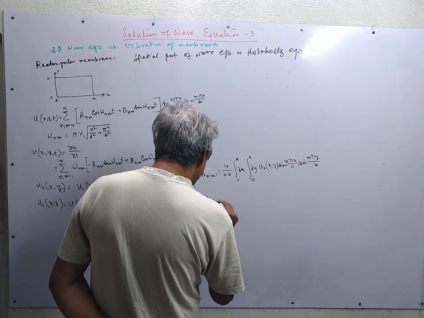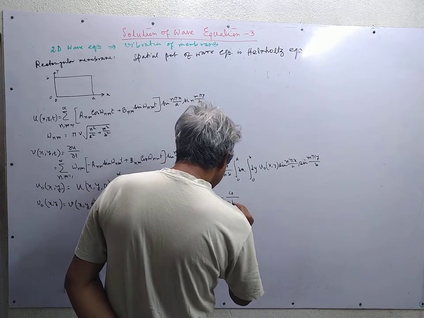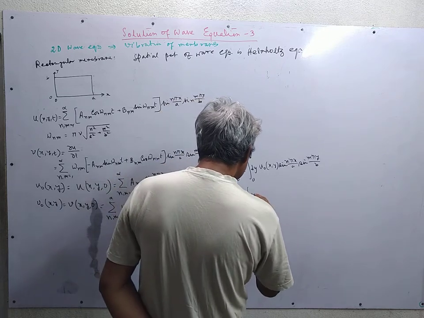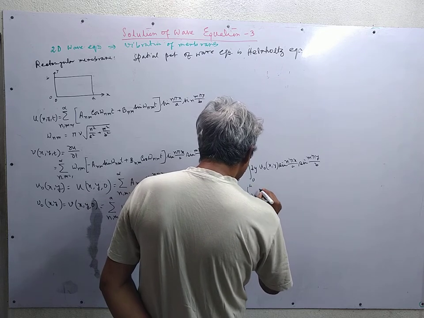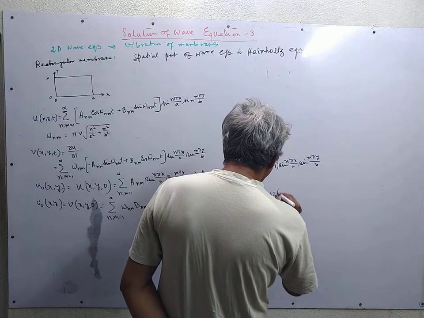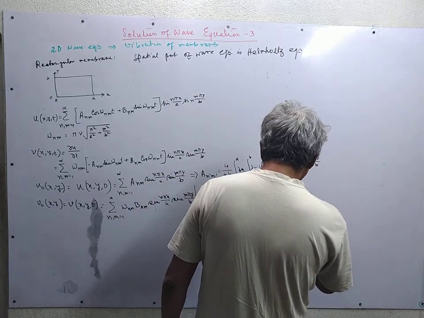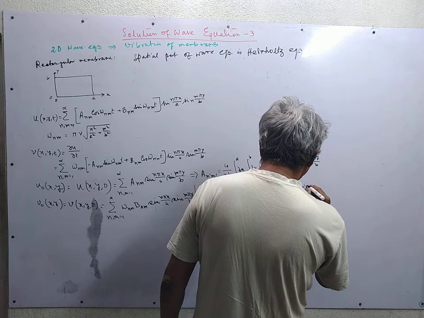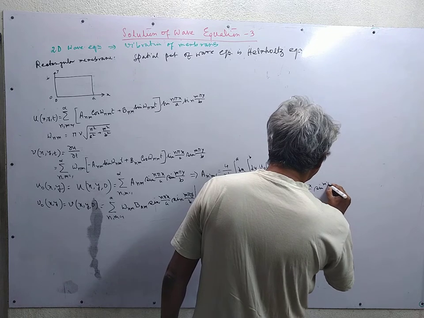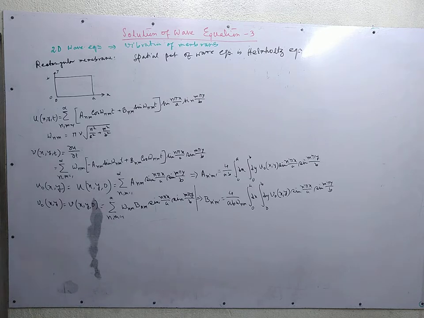Similarly, this gives you b n m, with v0 of x y. These are the expressions for a and b.